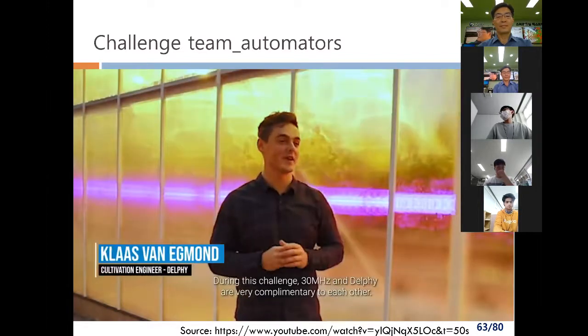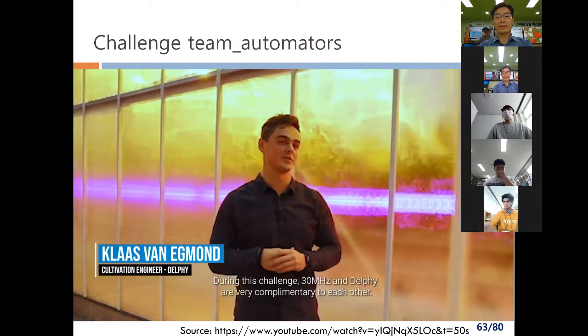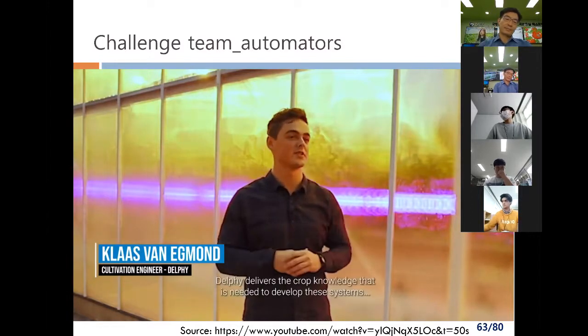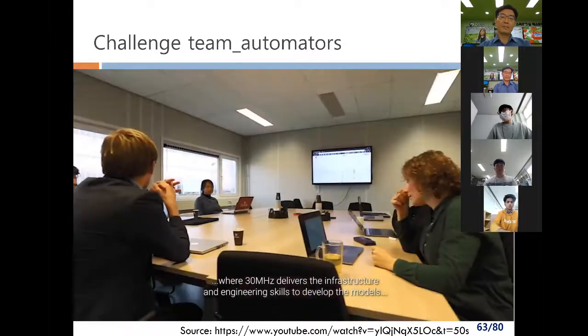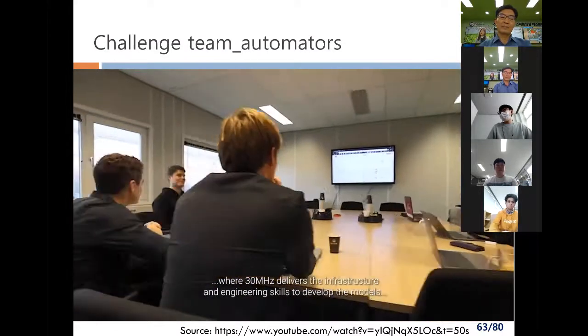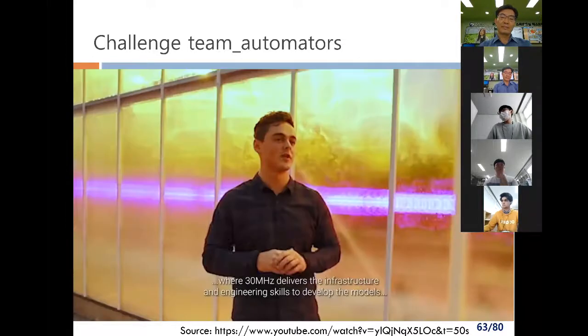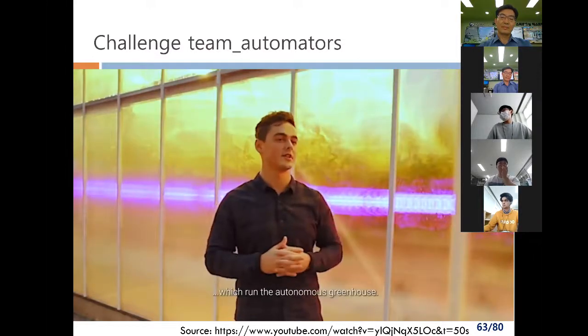In this challenge, 30 MHz and Delphi are very complementary to each other. Delphi delivers the crop knowledge that is needed to develop these systems, where 30 MHz delivers the infrastructure and engineering skills to develop the models which run the autonomous greenhouse.